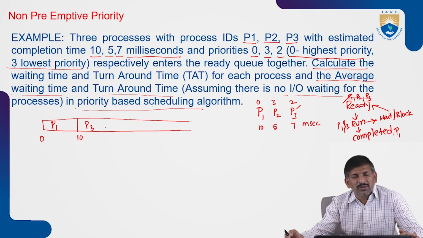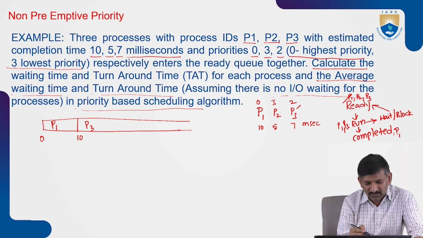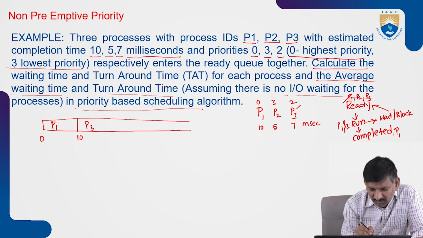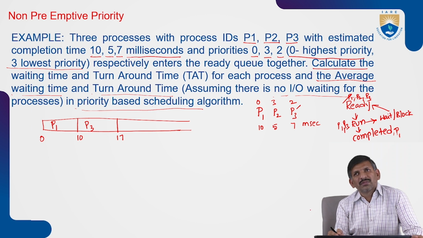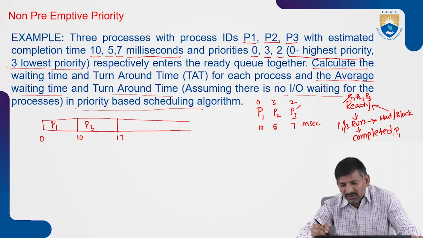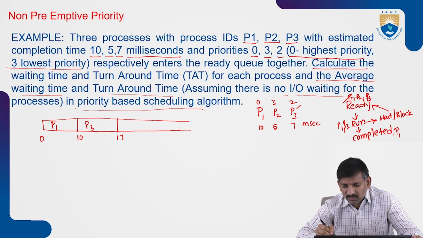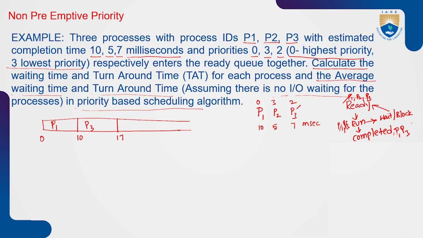Since it is non-preemptive, only after completion of P3 is a new process scheduled. P3 execution time is 7 milliseconds, so 17. Again we check. P3 is completed and comes to the completed state.